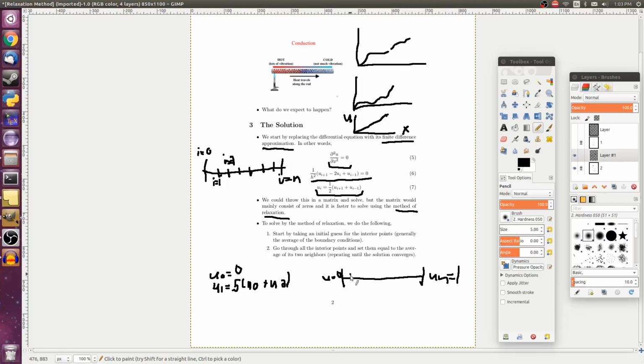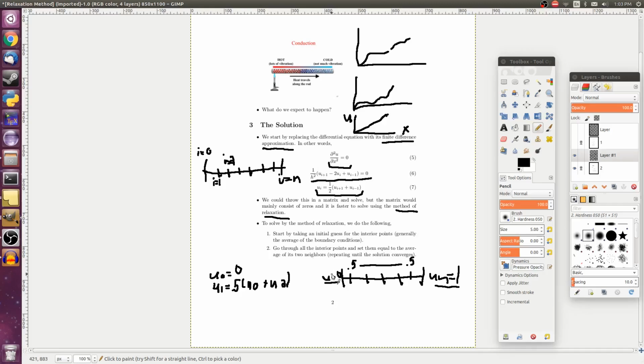And so what we do is we chop up our rod into different pieces, and then for all these interior points, we're going to make an initial guess. It's a kind of reasonable guess. We'll just guess all these points are the average of the two boundary conditions. So in this particular example, we would make the initial guess that the temperature at all these is 0.5.